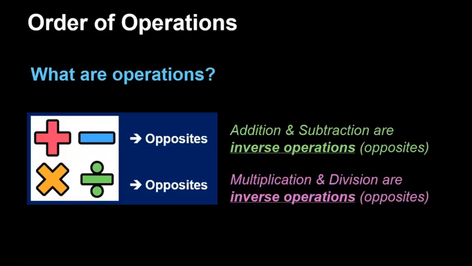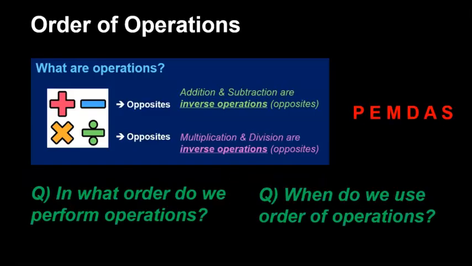One thing to note: addition and subtraction are inverse operations, which means they are opposites of each other. And multiplication and division are opposites as well. You're going to use that concept a lot moving forward in math.